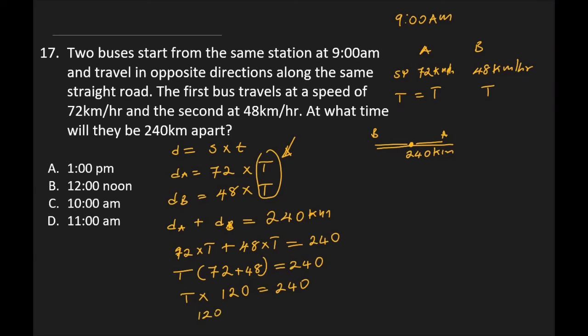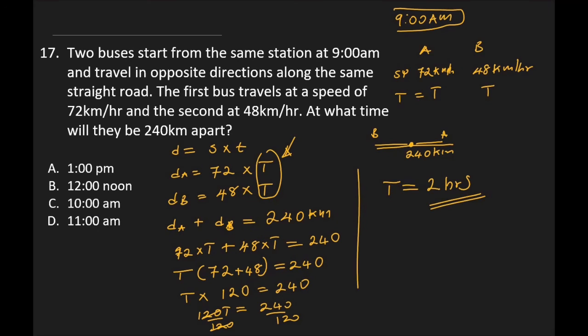So we have 120t equal to 240. Divide both sides by 120 so that this can go with this. Finally, we have time t equal to 240 divided by 120 is 2. So our time is 2 hours. Don't forget, the two buses started at 9 a.m. 2 hours after 9 a.m. is 11 a.m.